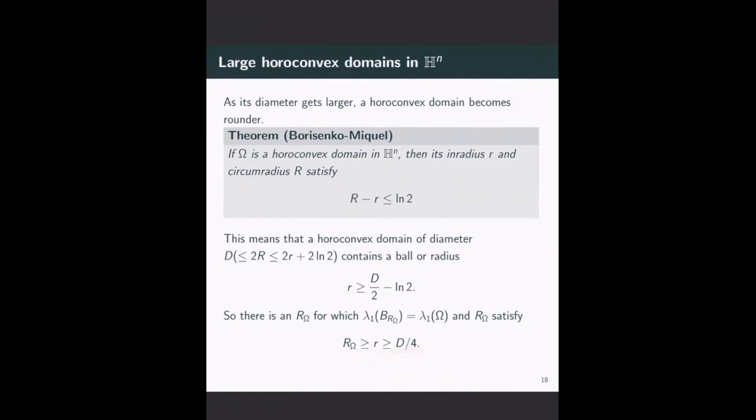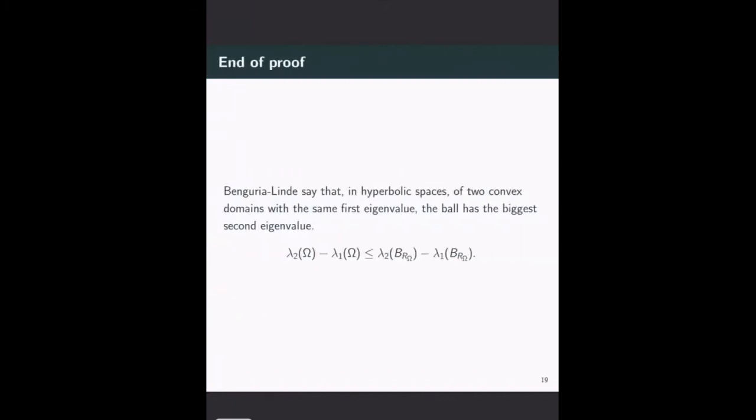I know that will be my ball with the same first eigenvalue, but then the fundamental gap of that ball would be greater than the fundamental gap of omega. And we show that this is about 1 over r cube. So that's true for horoconvex domains too.